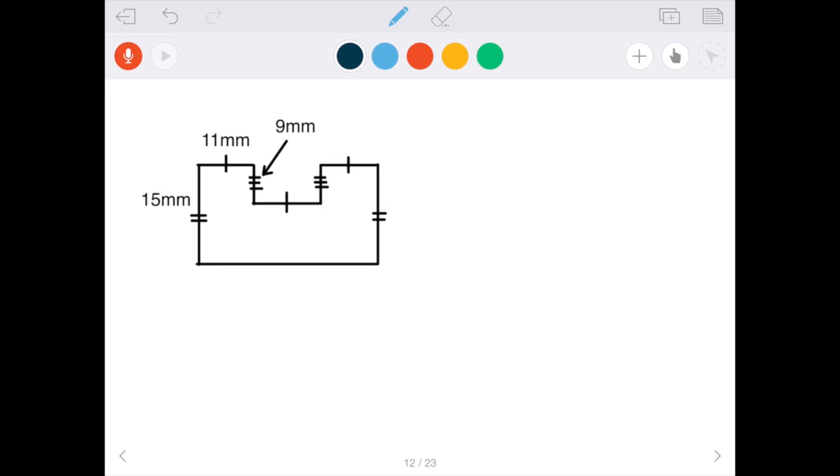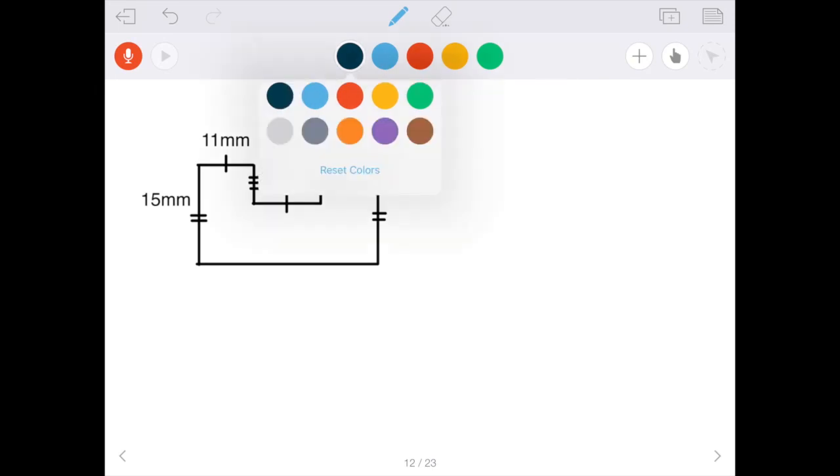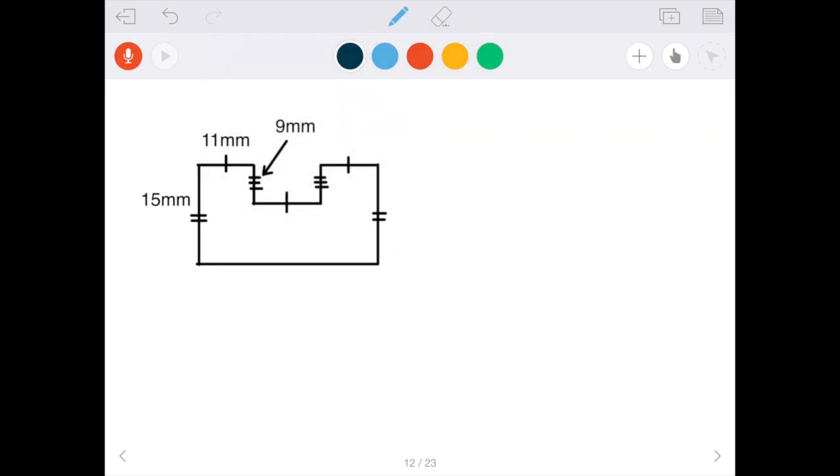Now for this one, we are going to have to split it up, but there are several different ways to do it. I'll show you 2 ways. Go ahead and try this problem. Hit pause. All right, so there's 2 ways we can do this. We can add 3 different shapes. I can draw a line here and draw a line here and have 1, 2, 3. That's one way.